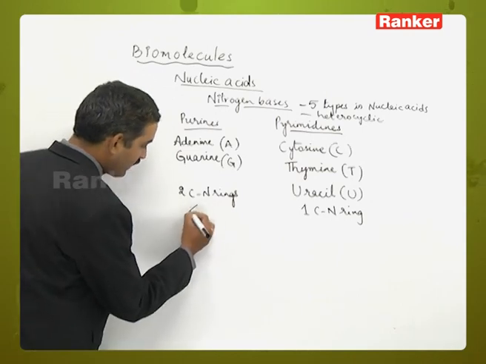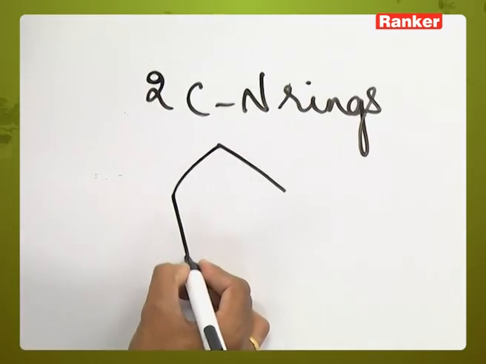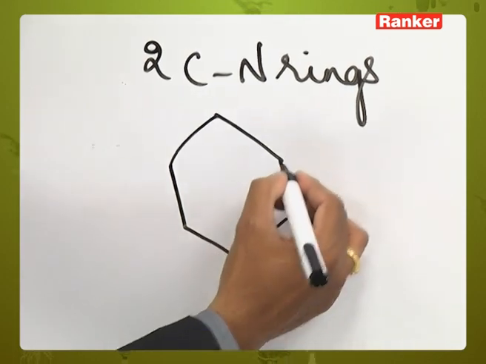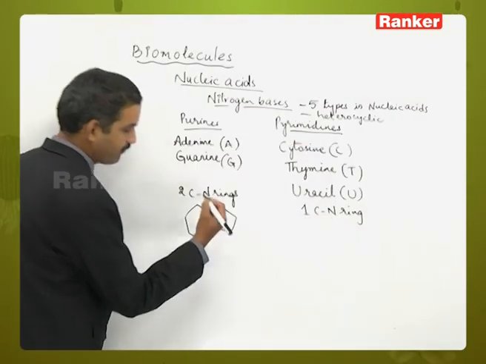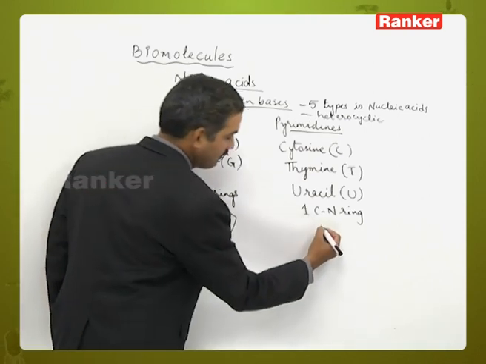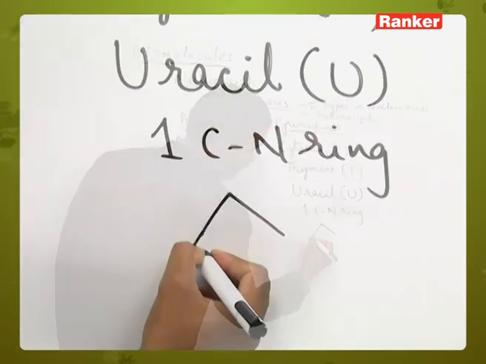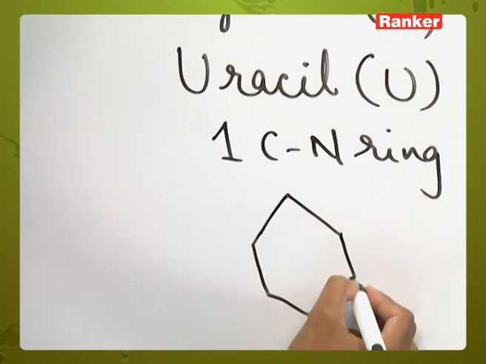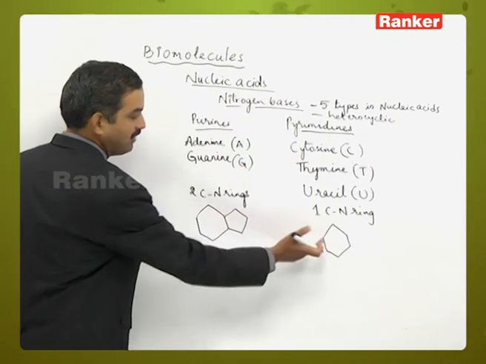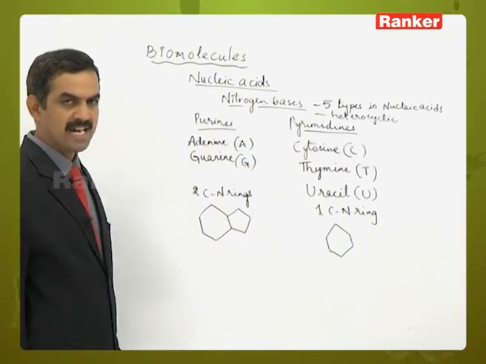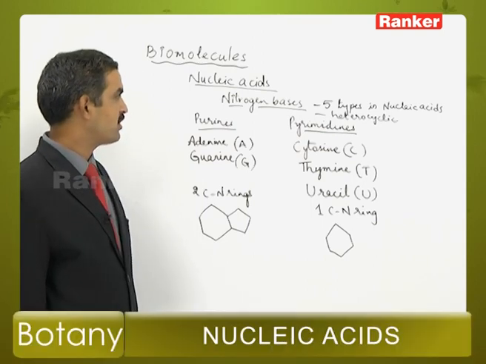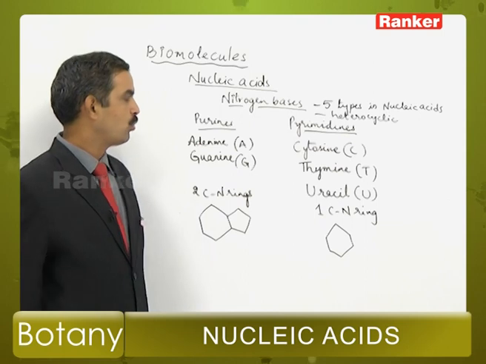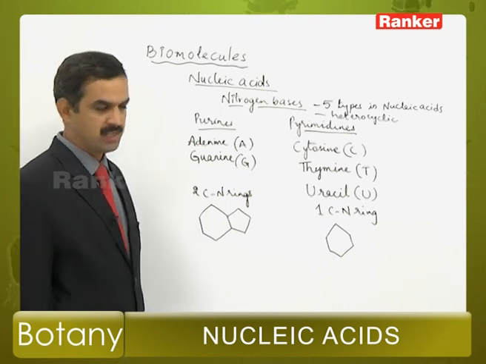Basically, we can show the ring structures like this. 2 different types of rings are there, whereas here only 1 ring. We call them dicyclic and monocyclic compounds. Likewise, nucleic acids contain the 2 groups of nitrogen bases.